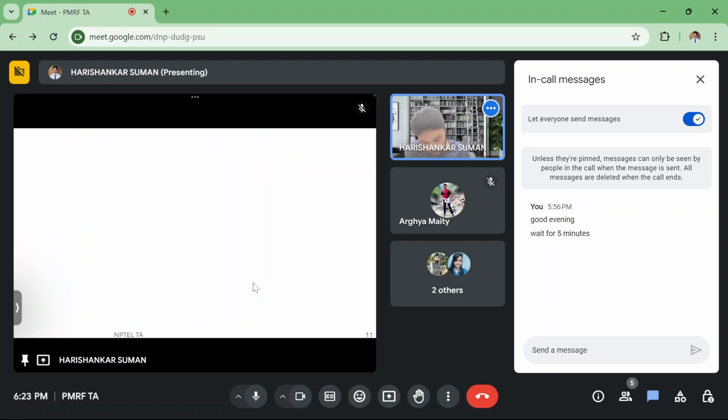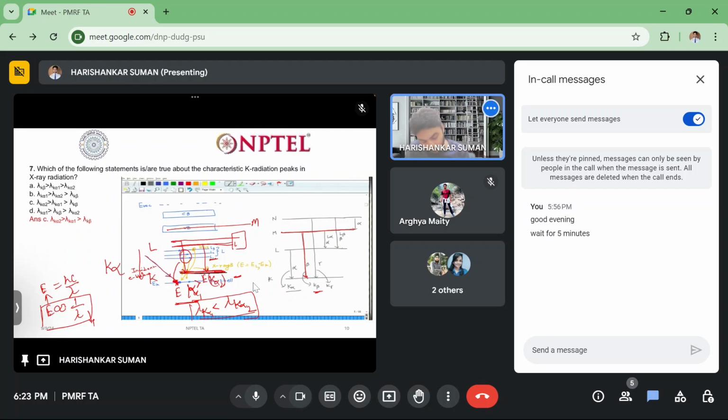So the energy is highest for K beta, then the energy of K alpha 1, and last is the energy of K alpha 2.